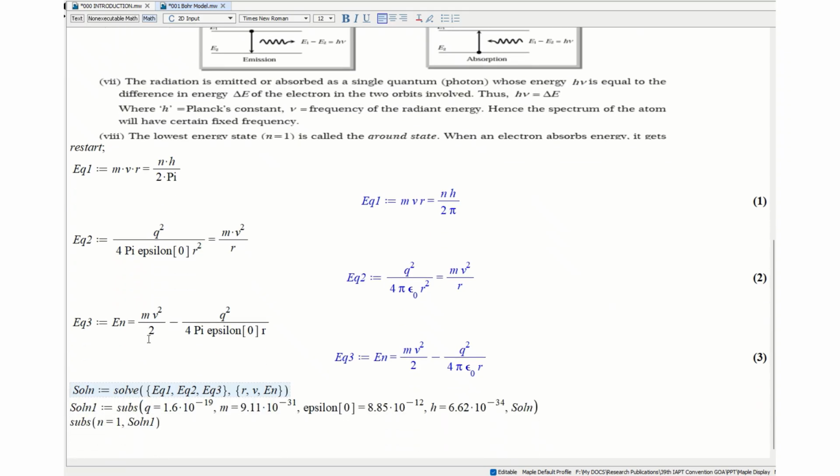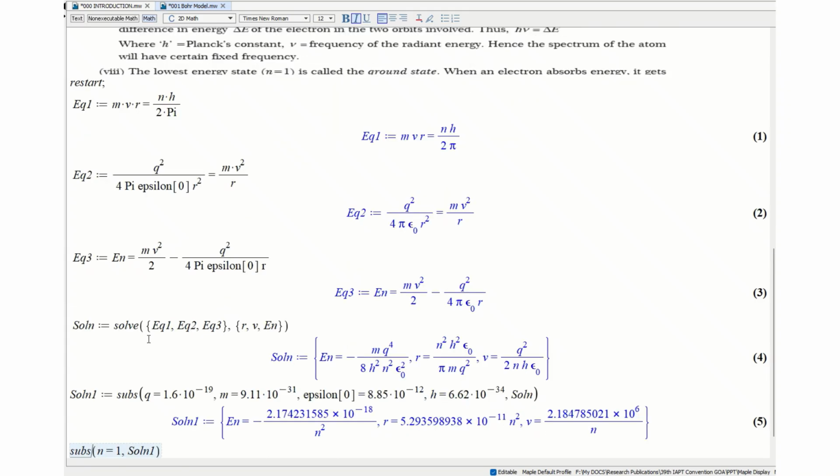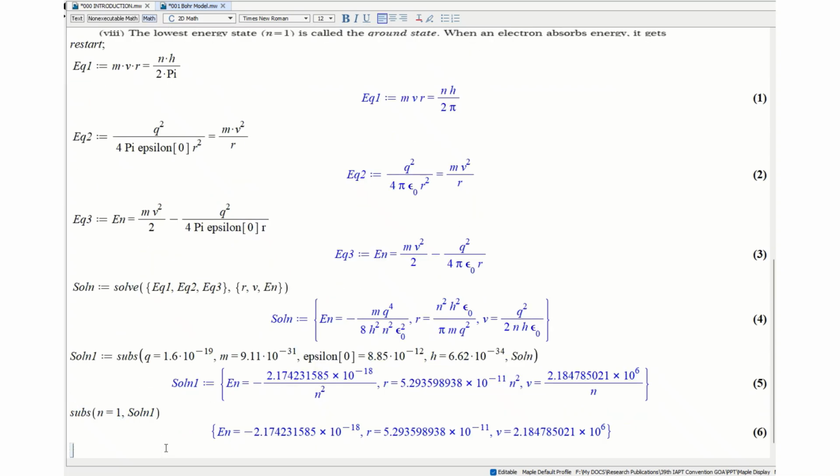We can ask Maple to solve these three equations for R, V, and N, and we can ask it to substitute the values of charge on electron, mass of electron, epsilon 0, and Planck's constant in our solution, so that for n equal to 1 we can generate a solution. So here you can observe the solution for n equal to 1.